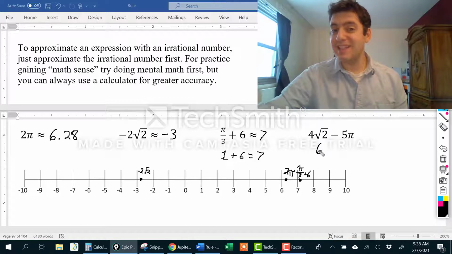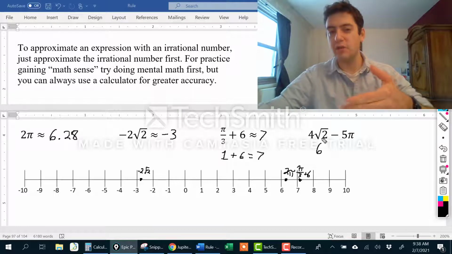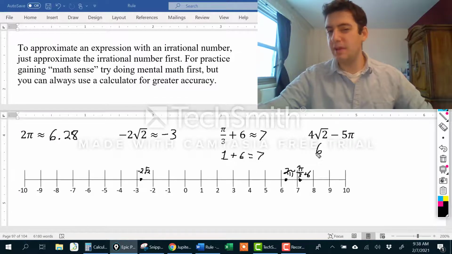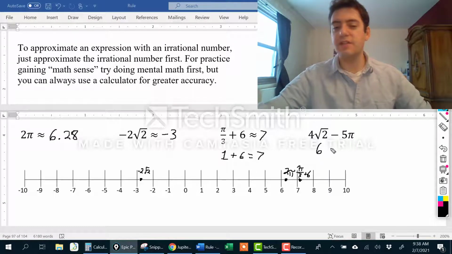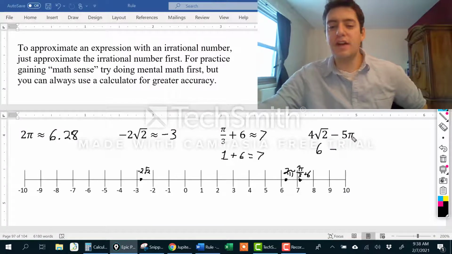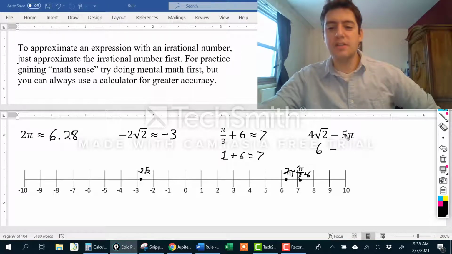A little bit less than 6 in actuality, because I used 1.5 as my approximation for the square root of 2, but the square root of 2 is actually a little bit less than 1.5. So this times this would actually be a little bit less than 6, but let's go with 6 for now. Minus 5 times pi, and pi is approximately 3.